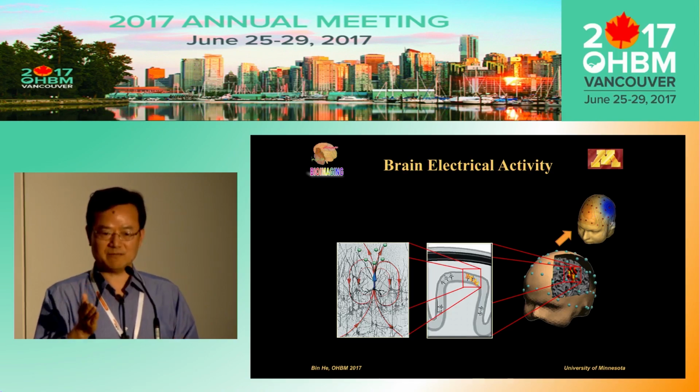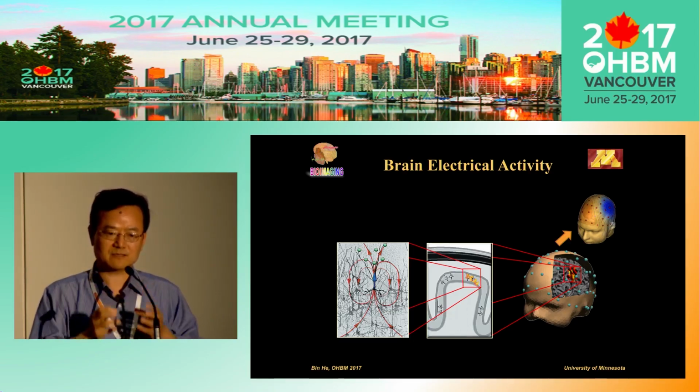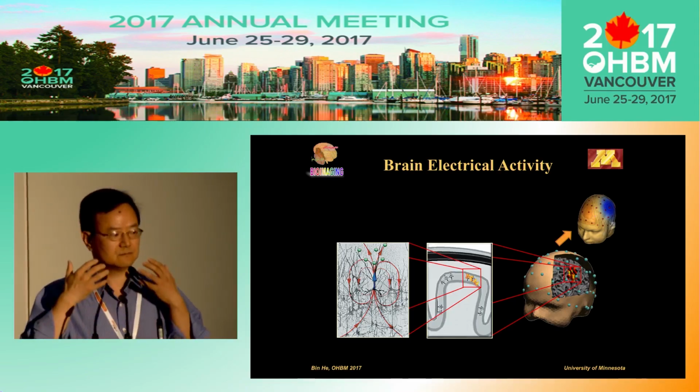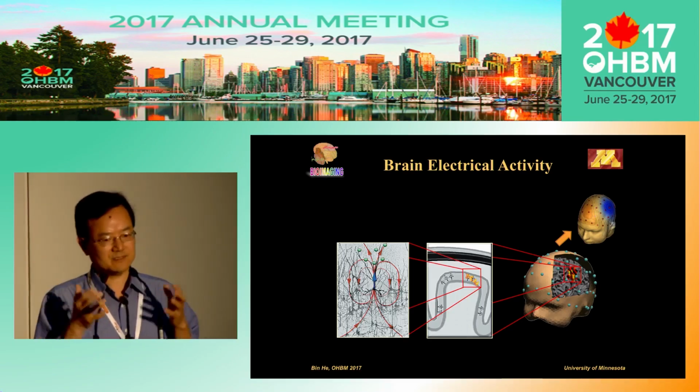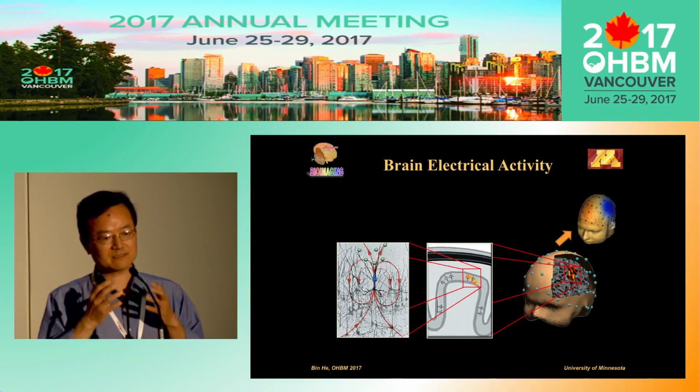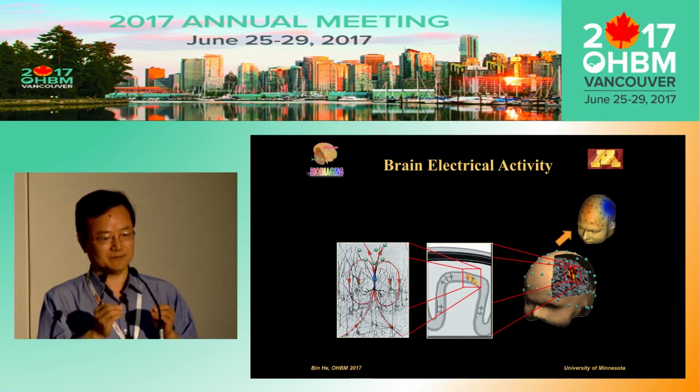Now, what EEG and MEG can do is to image the brain function, because the brain function and dysfunction is encoded in a distributed, synchronized neuronal network behavior. When many cells are activated in a synchronized way, that's going to generate detectable EEG or MEG. That's what EEG MEG is going to tell us.